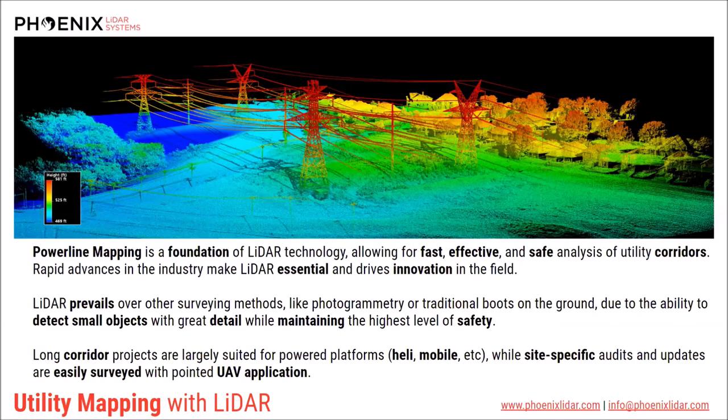These are often not necessarily UAV-sized projects, say a helicopter or a fixed wing, perhaps even a vehicle, a ground-based vehicle. These are great applications for LiDAR through a variety of platforms. And so LiDAR is exceptional for this industry.